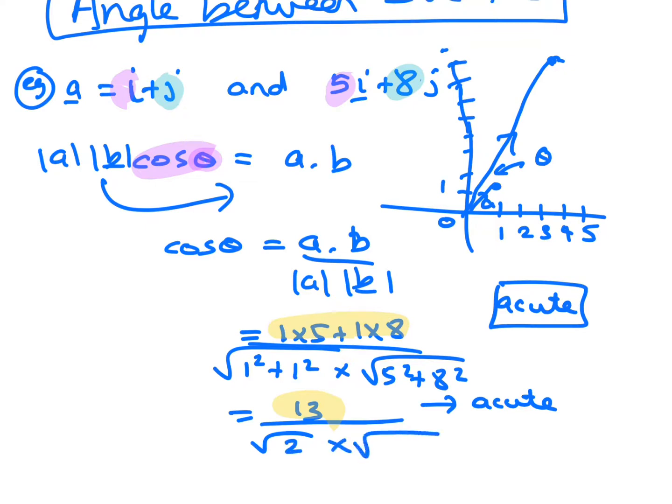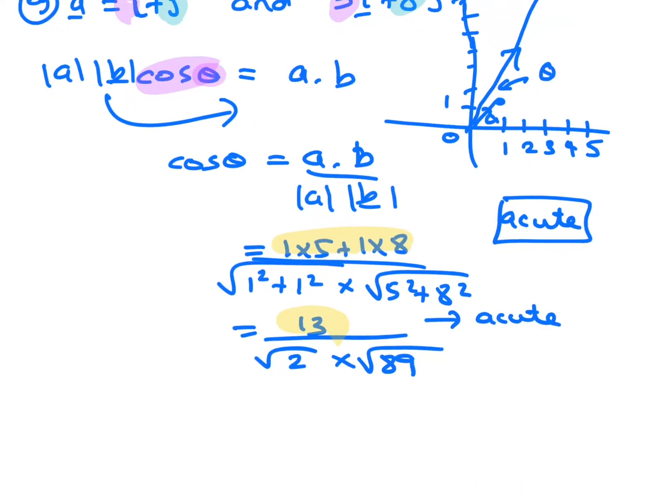So this is root 2 over 25 plus 64, which is root 89. To get theta, you just go cos inverse of 13 on root 2 times root 89.